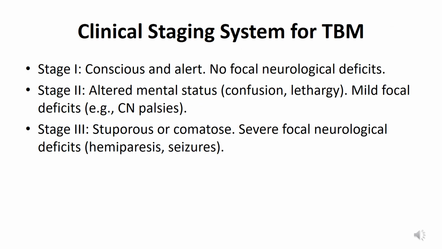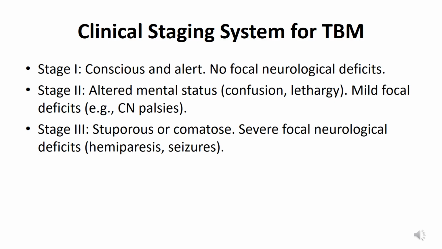One of the most important tools in managing tuberculous meningitis, or TBM, is clinical staging. Clinical staging helps healthcare providers assess disease severity, estimate prognosis, and guide treatment decisions. The earlier the stage at diagnosis, the better the chances of a favorable outcome.